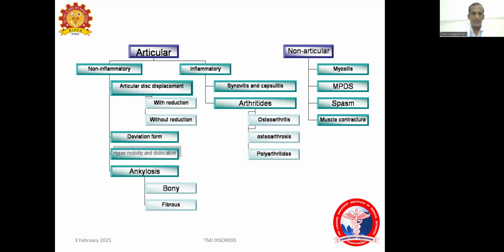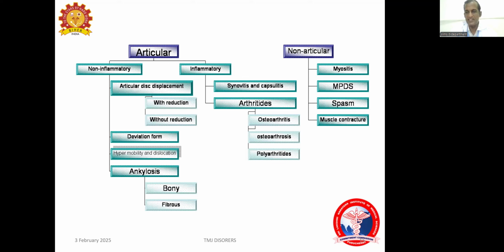And the non-inflammatory condition, the articular disc reduction, deviation will be there. It can also be an ankylosed joint. This is regarding the articular surface and articular disc.